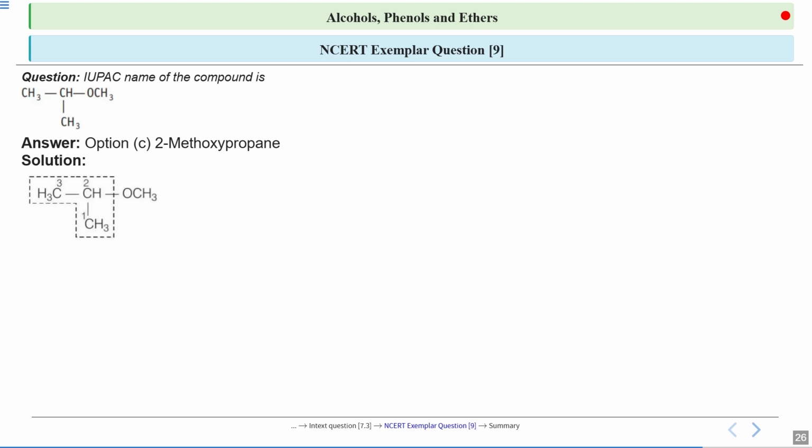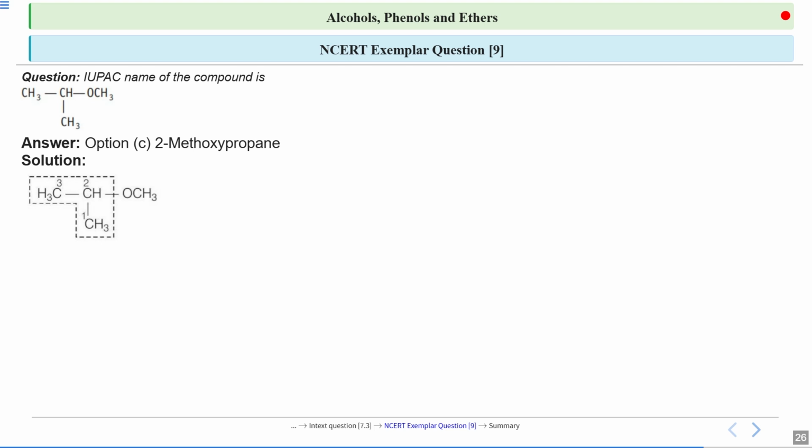This question has the correct answer as option C, that is 2-methoxypropane. Let's see how. We first have to write the IUPAC name, remember, in the IUPAC nomenclature format. This compound contains OCH3, an alkyl group along with oxygen, so this is an ether, right? First you have to select the parent chain by looking at the number of carbons in both the alkyl groups.